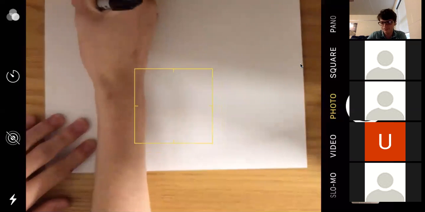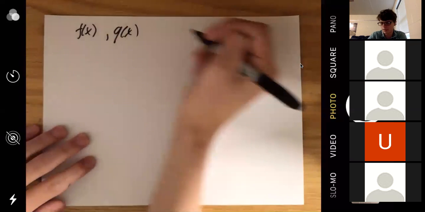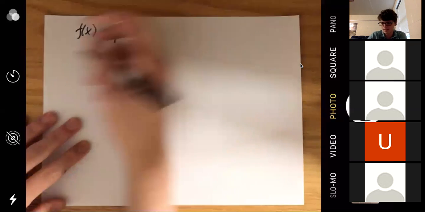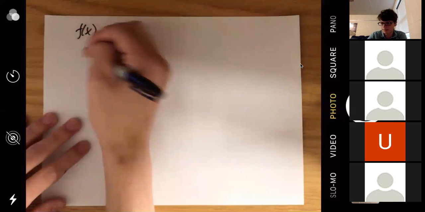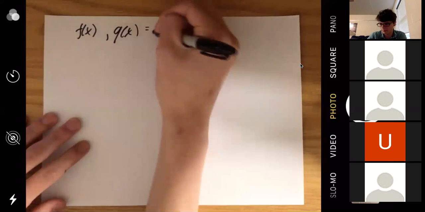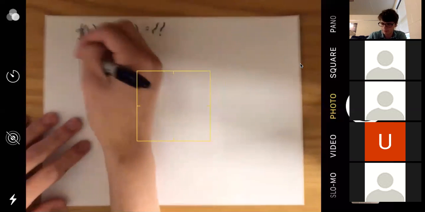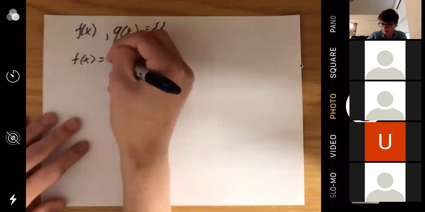So if I have two functions, f of x and g of x, and let's say I don't know what g of x is. Maybe I haven't defined that yet. But I do know that f of x is equal to 3x plus 2.